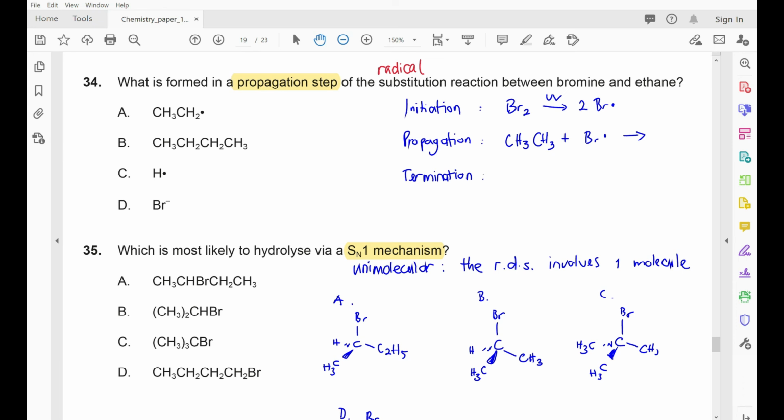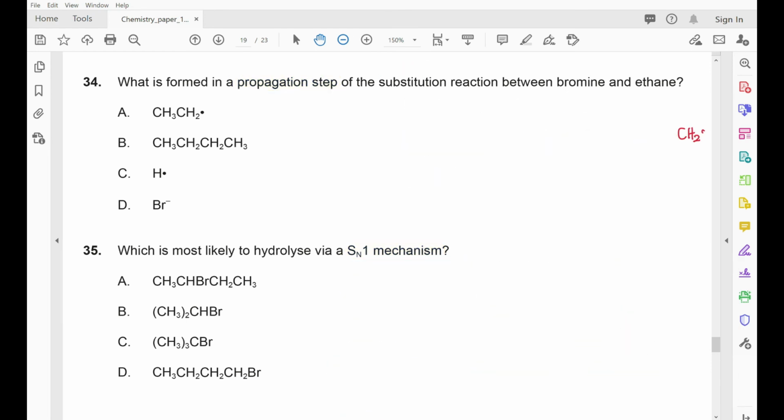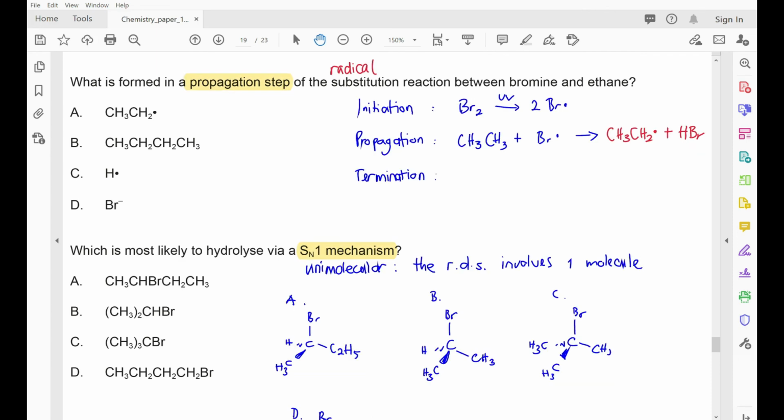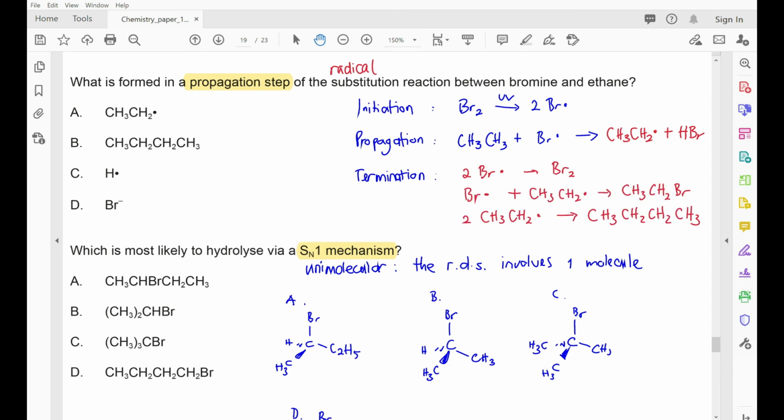And in the propagation step is when a molecule reacts with a radical to give another molecule and another radical. Whereas termination is when two radicals react with each other, forming a non-radical. So here the answer is A.